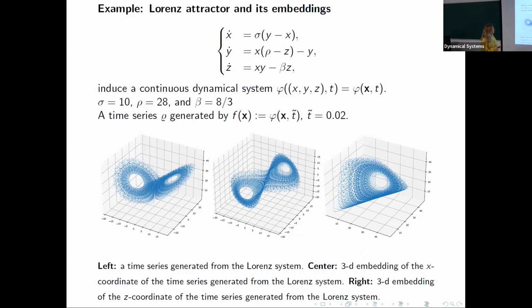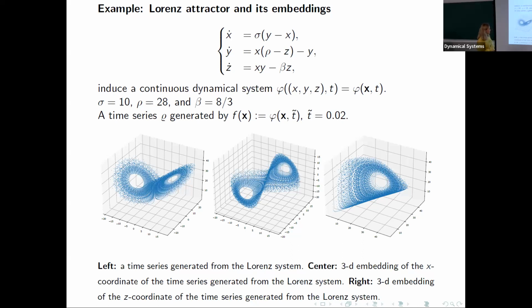We consider a time series produced by time-tau step maps, so we sample the trajectories of the continuous system. On the left is the original time series generated from the Lorenz system.